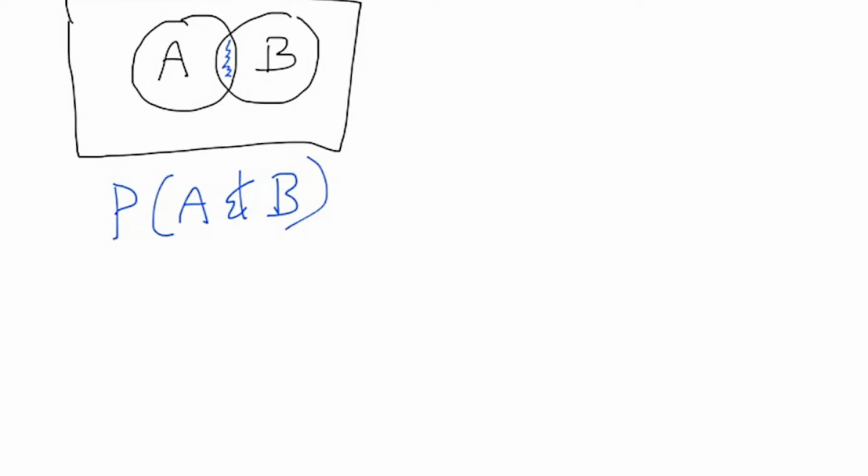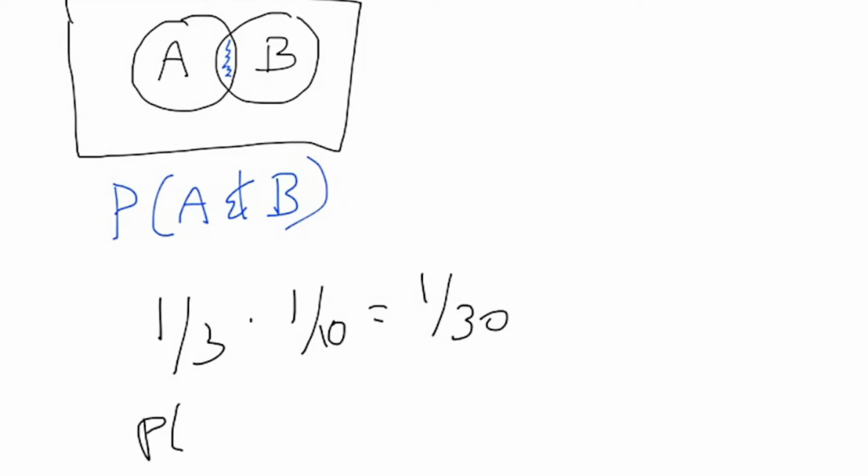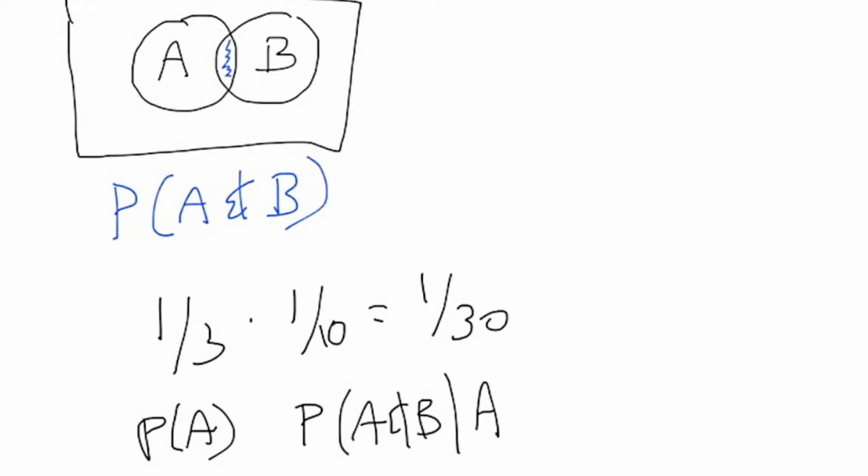So the probability of landing anywhere in A is 1/3, and if this is maybe 1/10 of A, then the chance of landing in here, given that you've landed somewhere in here, is 1/3 times 1/10 equals 1/30th, right? So this first one here is P of A, and the second one here is P of landing in A and B, given that you were already in A.